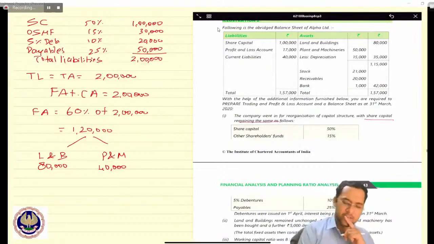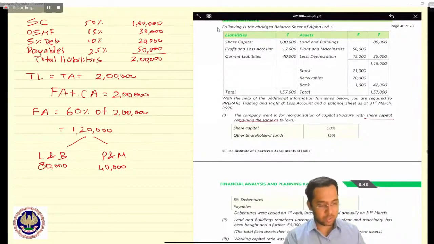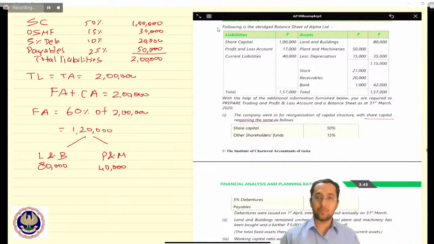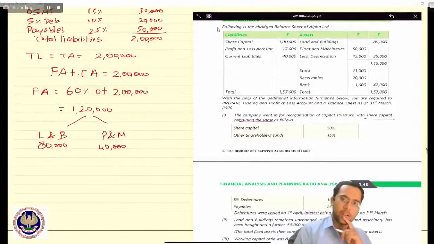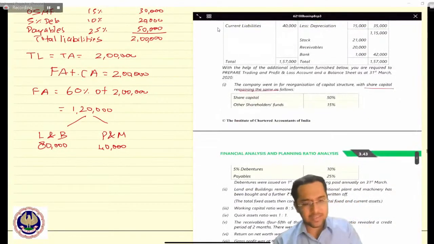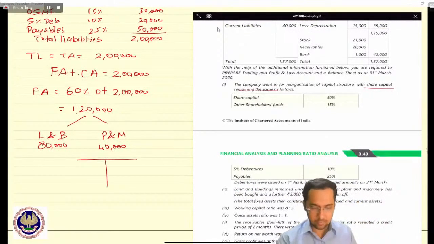This plant and machinery will be the closing value, obviously after providing all the adjustments, because all the information is of closing figures. So this 40,000 is our closing value of plant and machinery. How will I know what plant and machinery we purchased and what depreciation we have written off? Let's prepare a simple ledger.